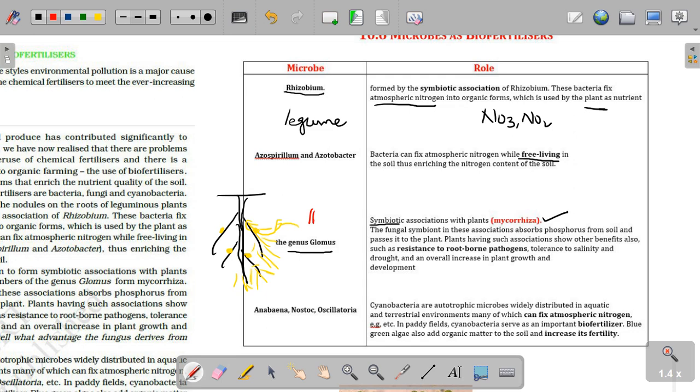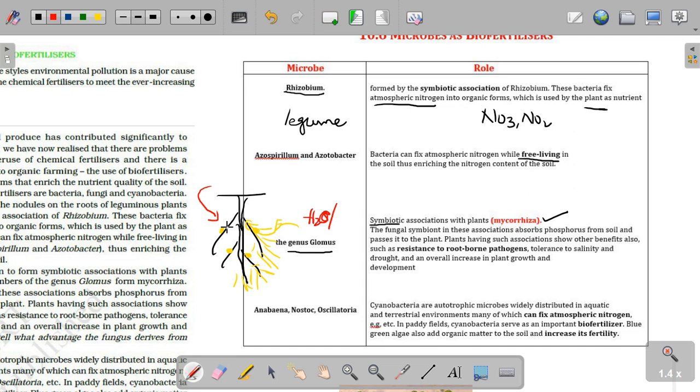In return, the plant provides a house to the fungi too. So it's a kind of association. Fungi provide minerals to the plant.